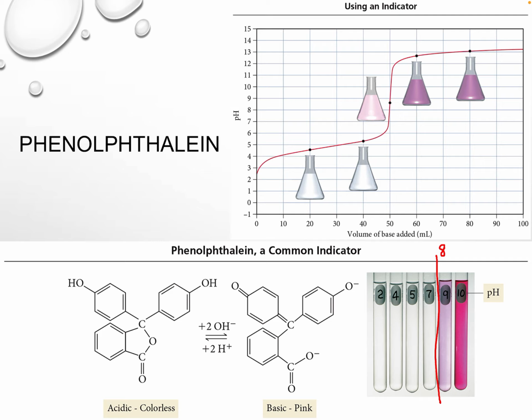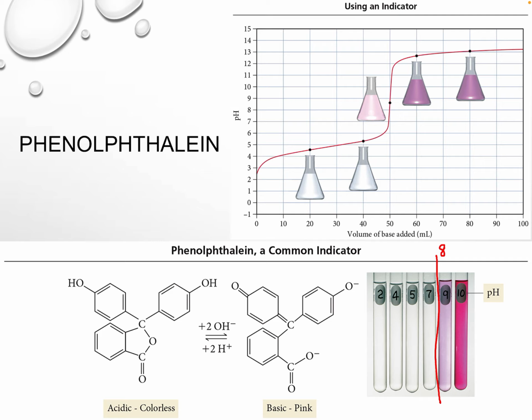So we can use this for strong acid, strong base titrations that change pH at 7, but maybe that's not the best indicator for it. However, if you have a weak acid and a strong base, that means that all of the weak acid at the equivalence point will be converted to weak base, which means that the pH will be slightly above 7.